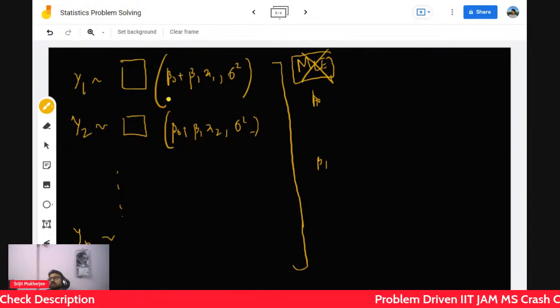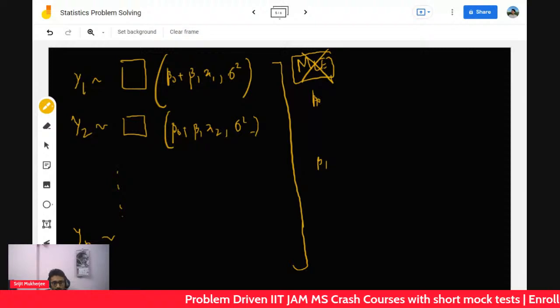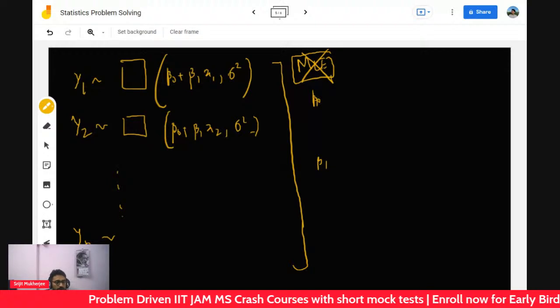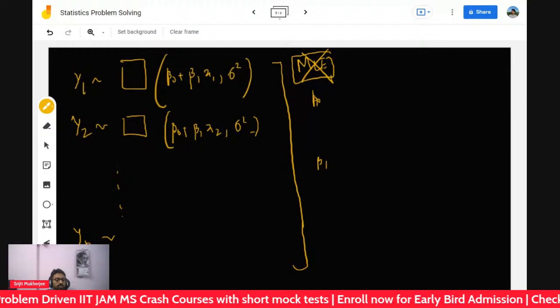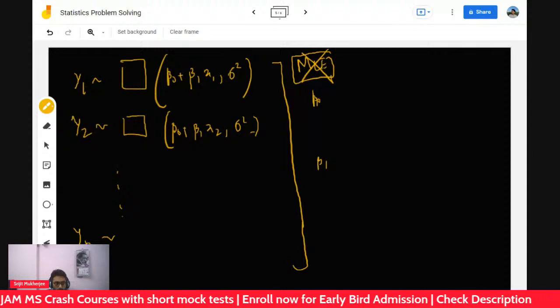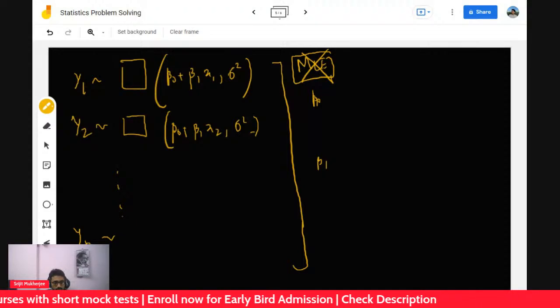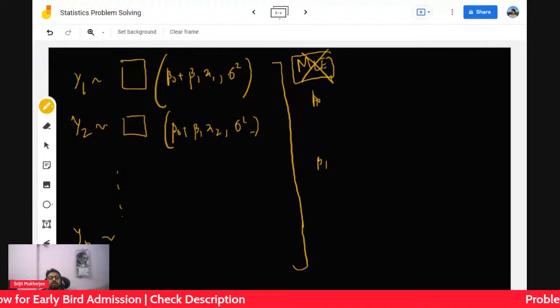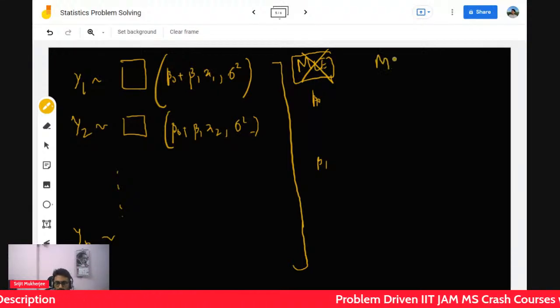Can we use method of moments? We can try that out, of course. But there is a problem. Can we use method of moments here? No. Why?